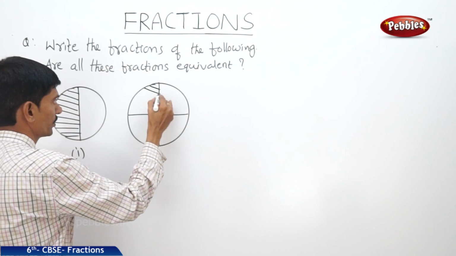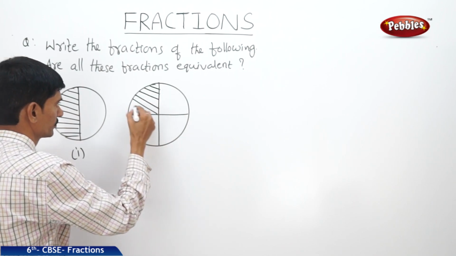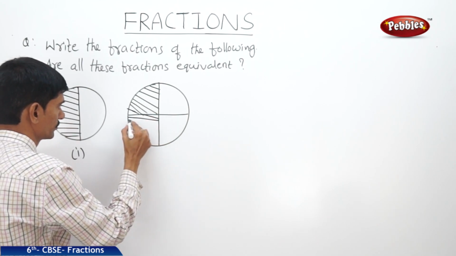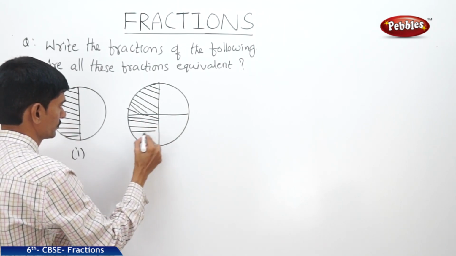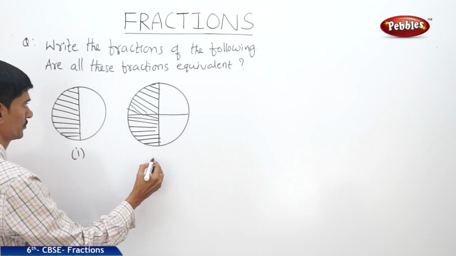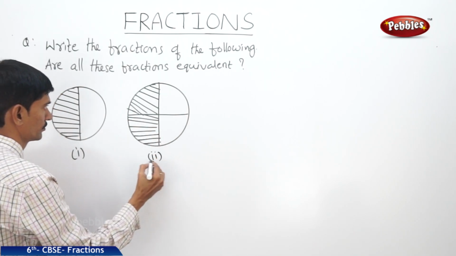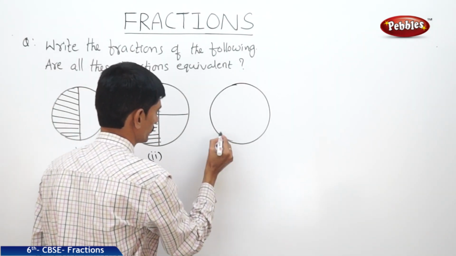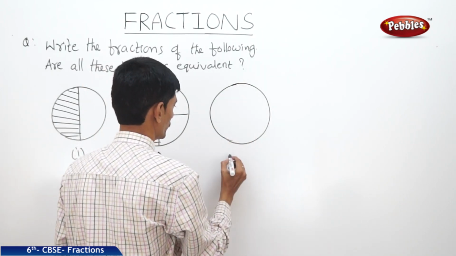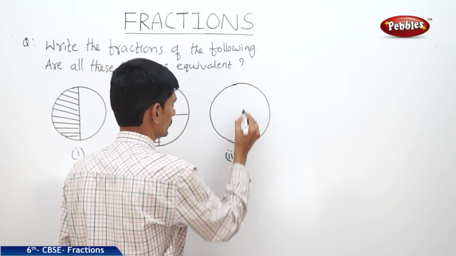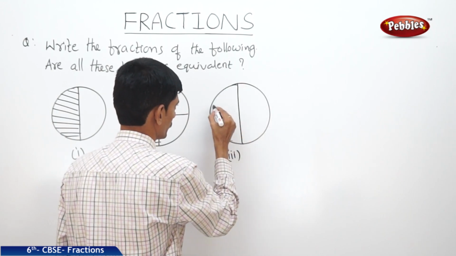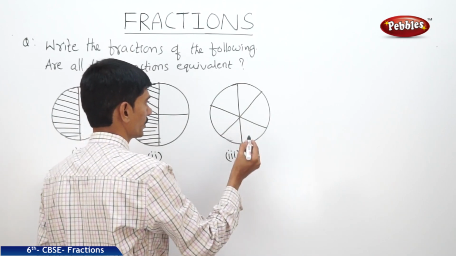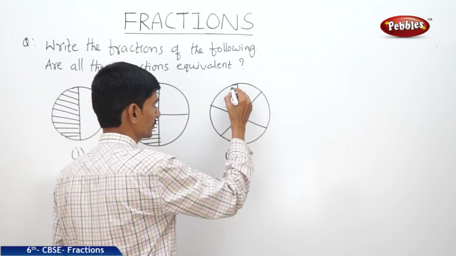In this, two parts are shaded. Next, in the third case, the circle is divided into six parts. Out of the six parts, three parts are shaded.